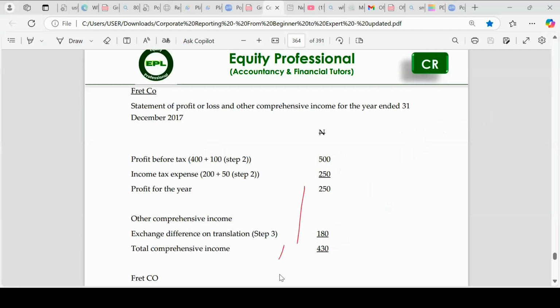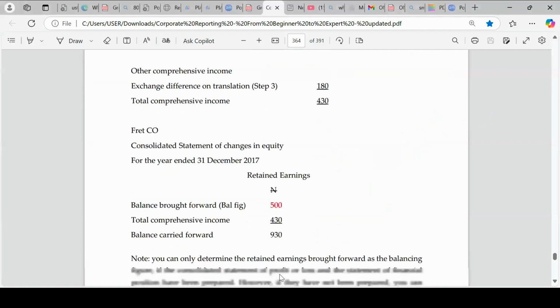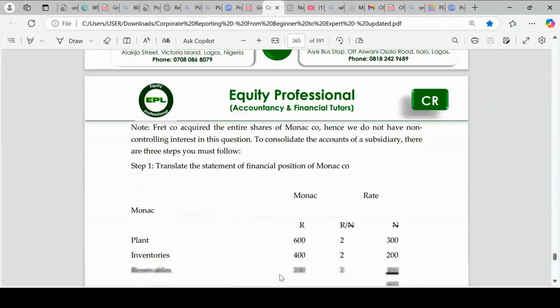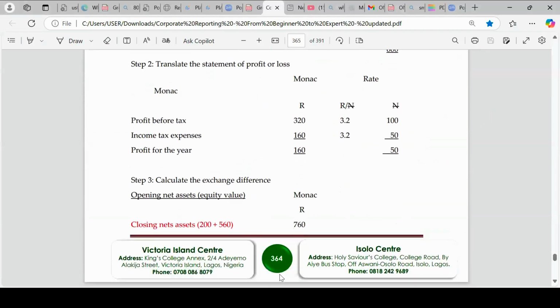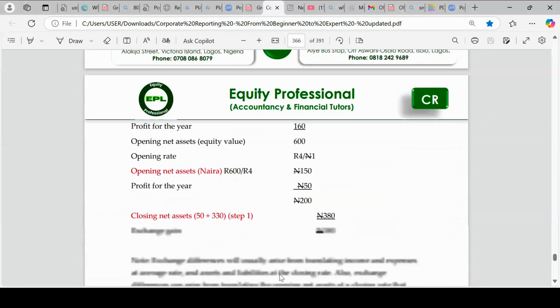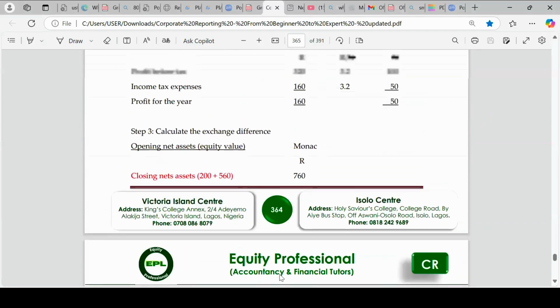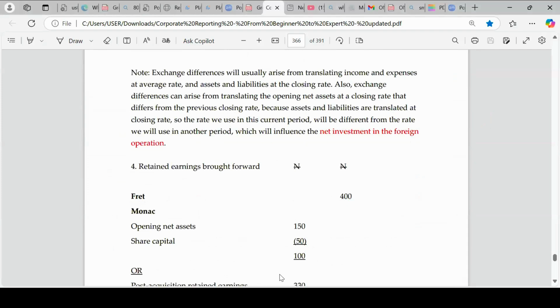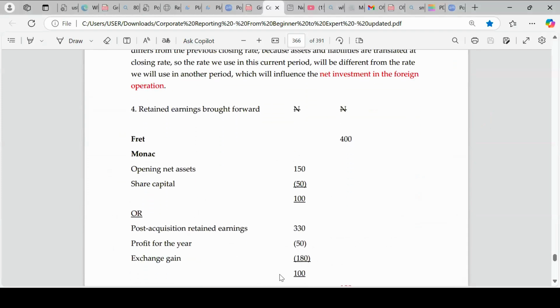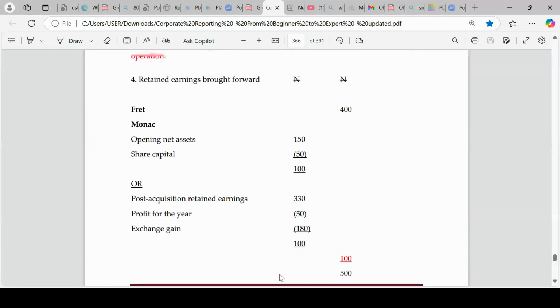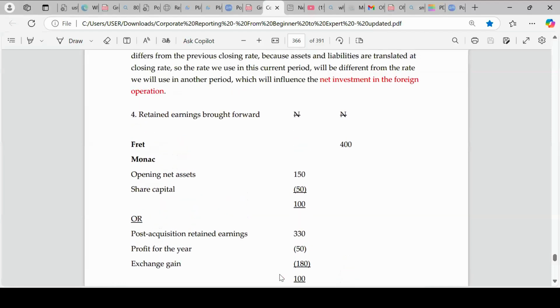All right. So we don't have a problem with that of the subsidiary, that of Monaco, because we've done it already when we were trying to calculate the exchange difference the other time. However, that of the parent, Fretco, we simply just add what we have for Fretco and what we add for Monaco, okay?